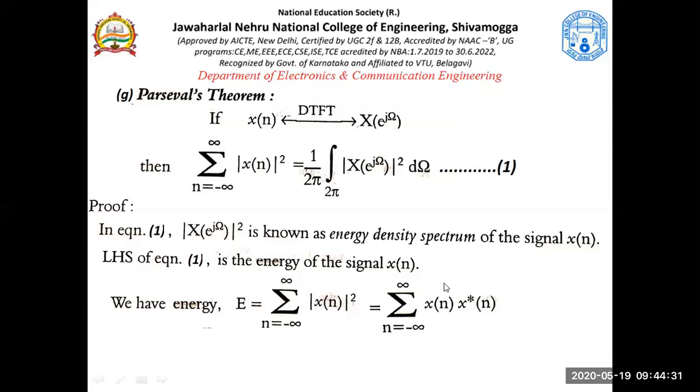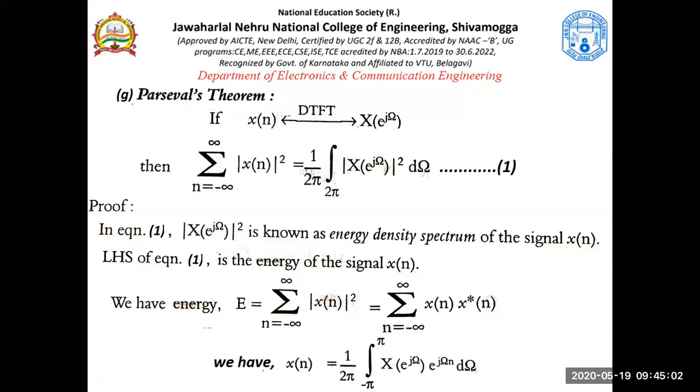The complex conjugate of a plus jb would be a minus jb. If you take the magnitude of a plus jb and the magnitude of a minus jb, it's the same. So the magnitude of a signal is equal to the magnitude of its complex conjugate. That's why the magnitude square can be written like this.